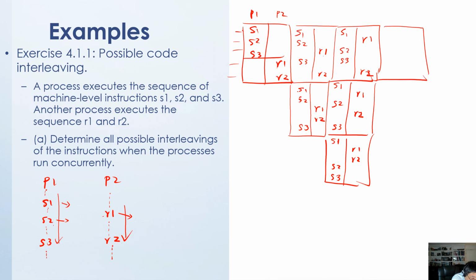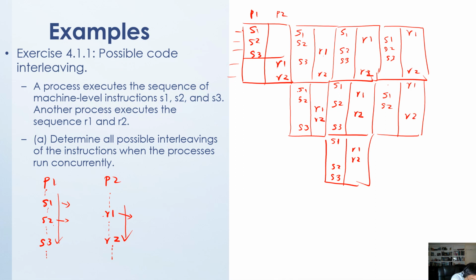Now R1 is the first one to execute. And now I have S1, S2, S3, R2, right? And then I move R2 up one position. So I have R1, S1, S2, R2, S3.